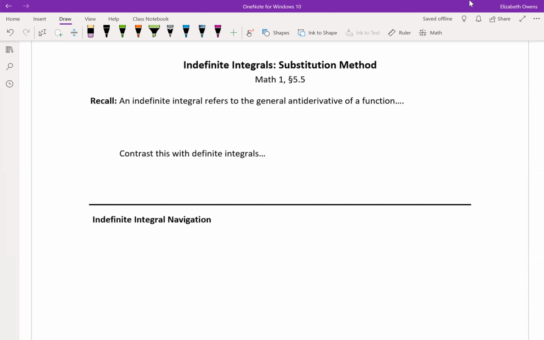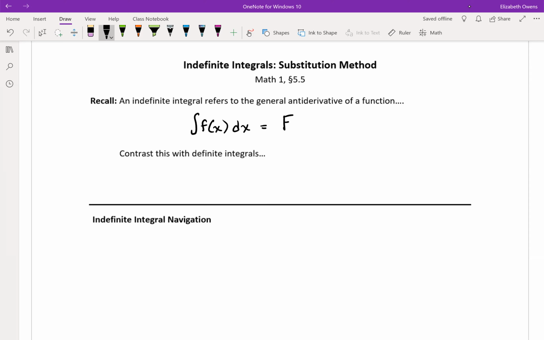We actually saw this back in section 4.7 at the end of last chapter when we first started looking at antiderivatives. We got this idea of an indefinite integral. So the integral of f of x dx just referred to the general antiderivative.